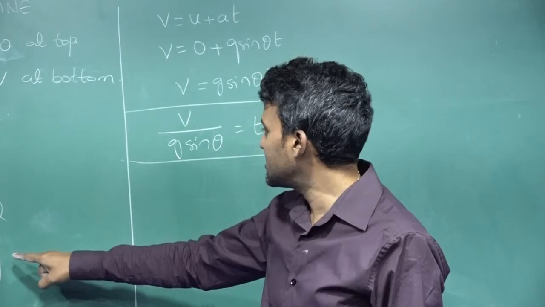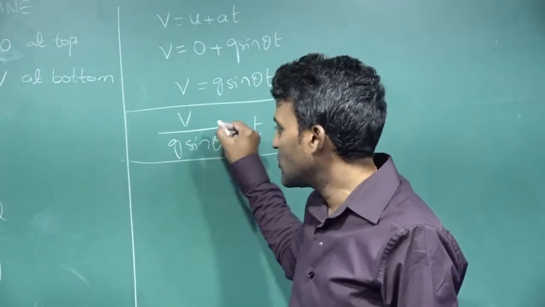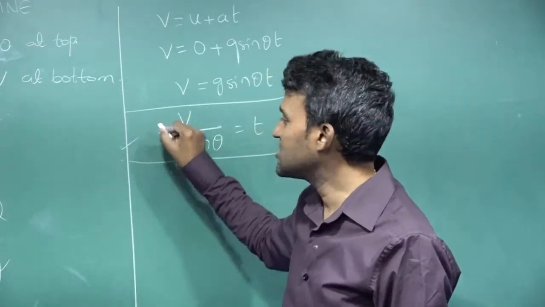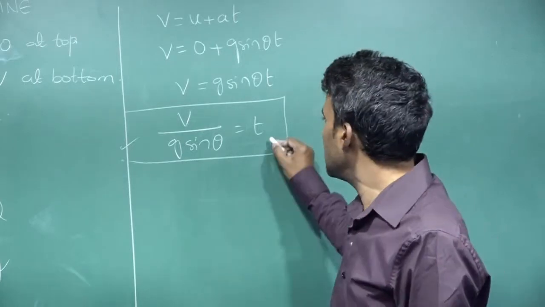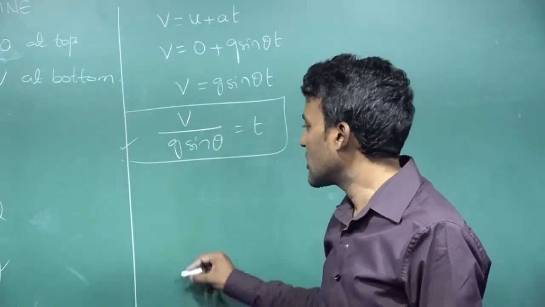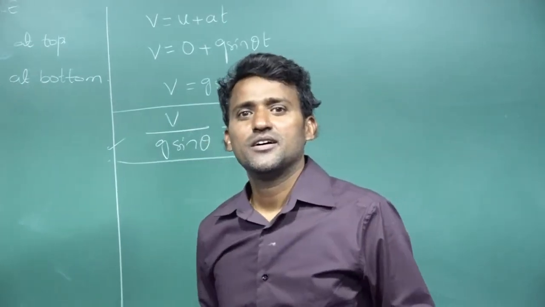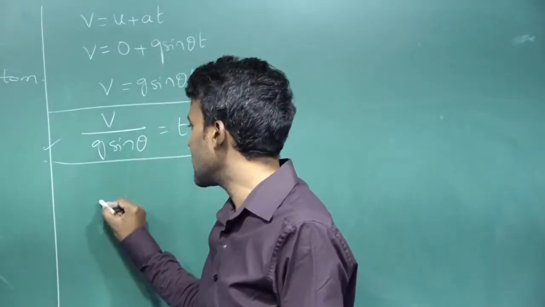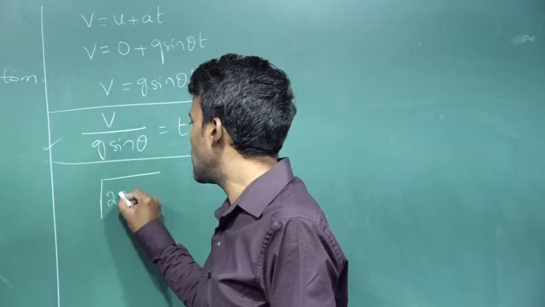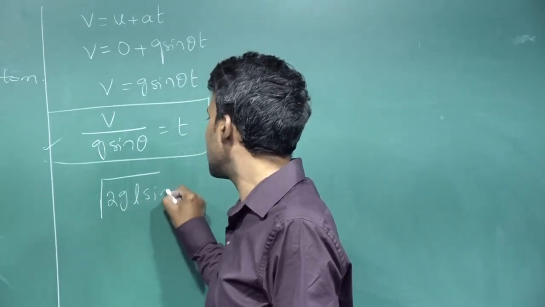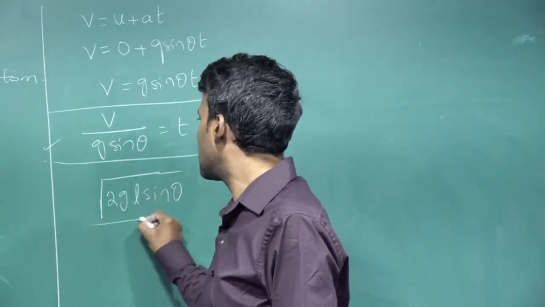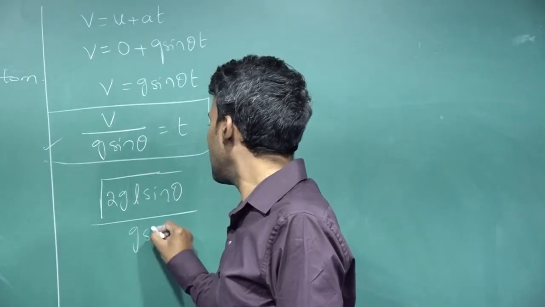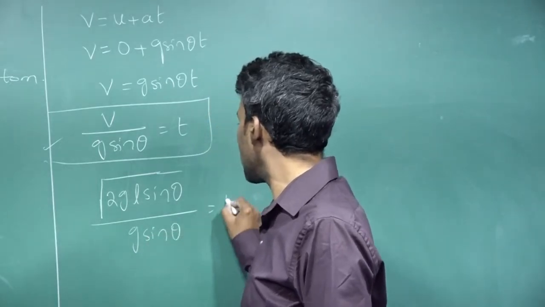This final velocity we know very well, under root of 2gL sin theta. If you want to substitute, you can modify this equation also. But t is equal to v by g sin theta. For your understanding, I will extend this equation: v is equal to under root of 2gL sin theta, substituting, whole divided by g sin theta is equal to t.